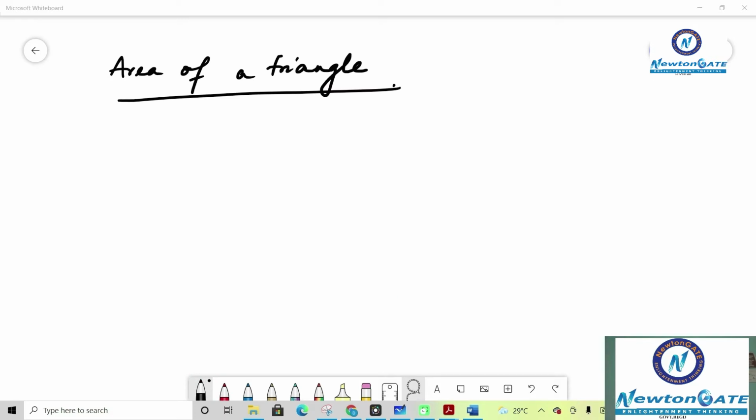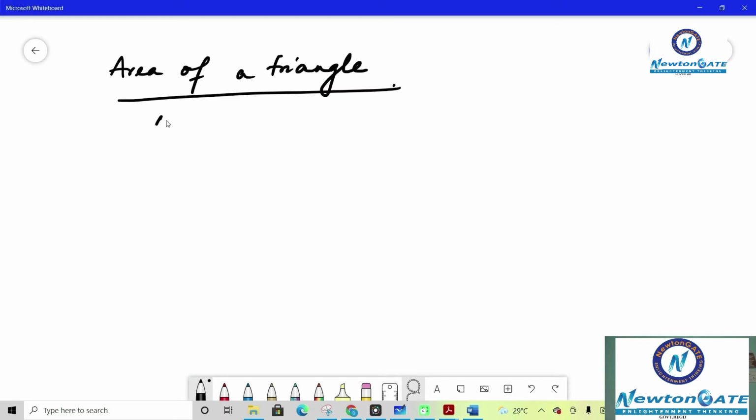Next topic is the area of a triangle. Suppose 3 points are given: a1 comma b1, a2 comma b2, and a3 comma b3. These are the 3 coordinates.